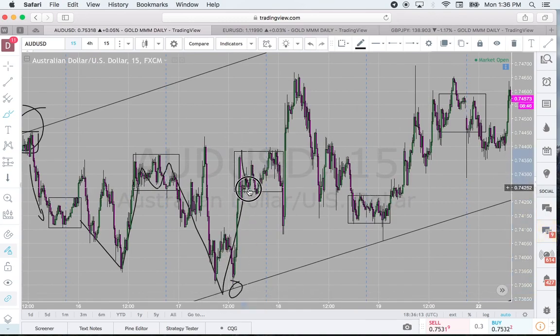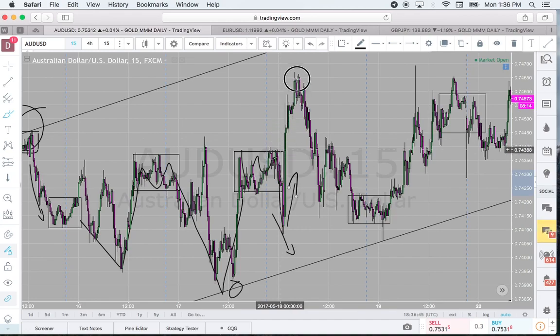Retrace, end off the day in consolidation, fake out low as if the price was going to break out of here, or as if they wanted to fake out and induce retail traders to sell when it was really a buy.